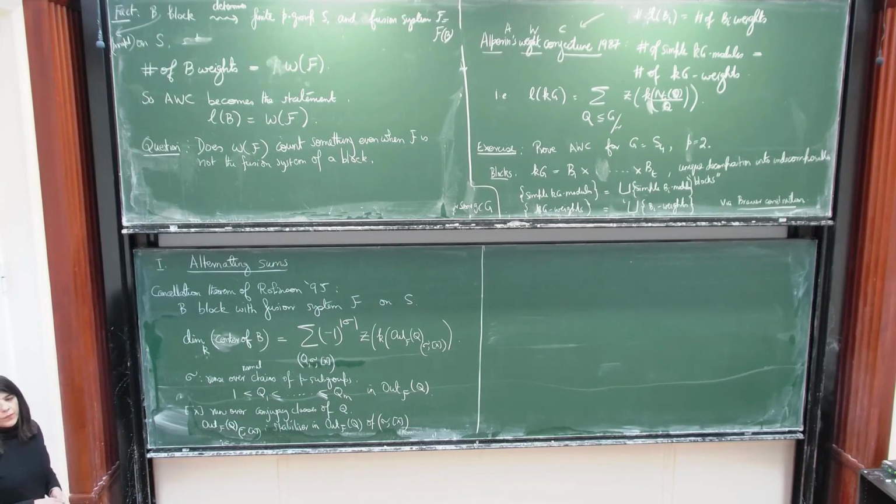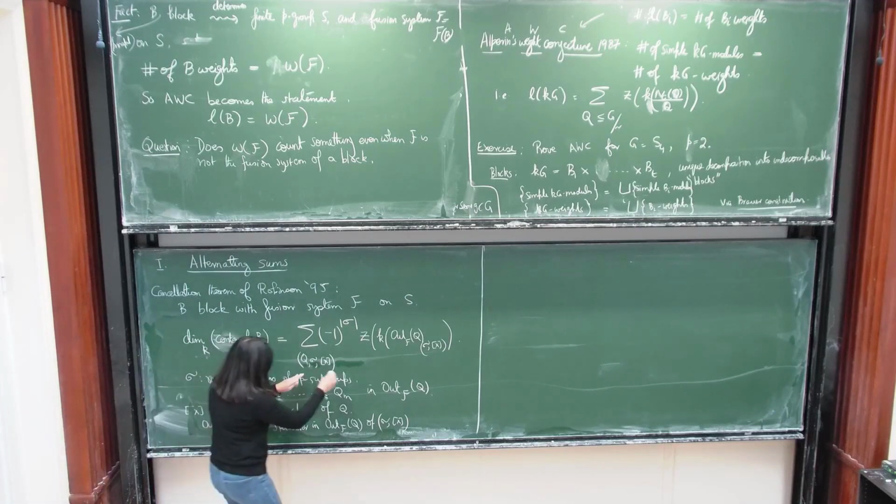If it were like the principal block of a group, and you've got the whole Sylow p-subgroup as the defect group, you'd be summing over chains of that p-subgroup, would you not? You see, okay, hang on. Yes, you're right.